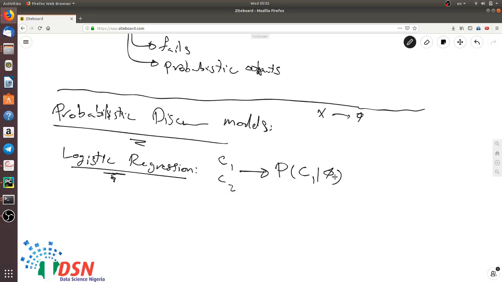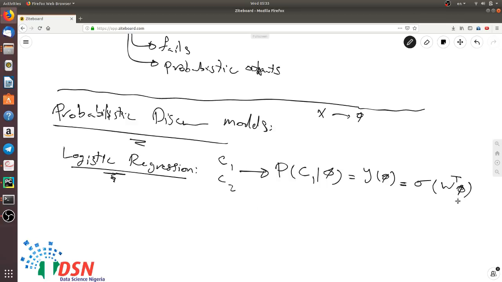So we work in phi space rather than the input feature space directly. We want to estimate that. In logistic regression, we estimate that with a non-linear function called the logistic sigmoid of a linear combination of the phi features.